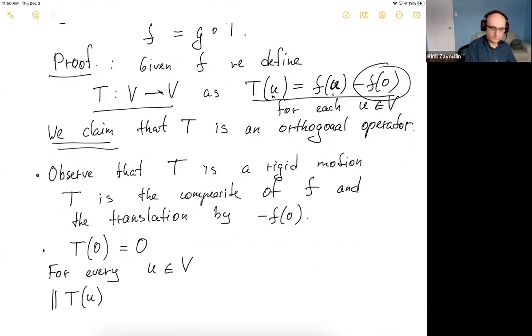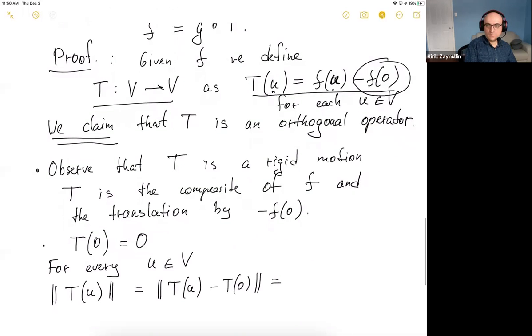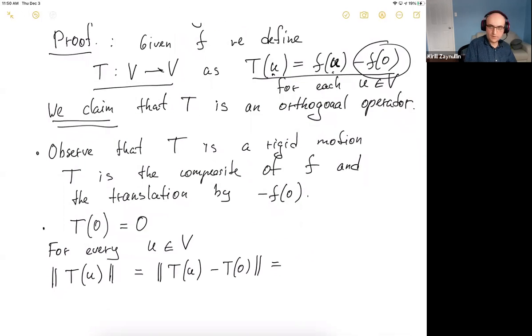By the very definition, it's T of u minus 0, which is T of 0. And then by the very definition, this is just F of u minus F of 0, right?